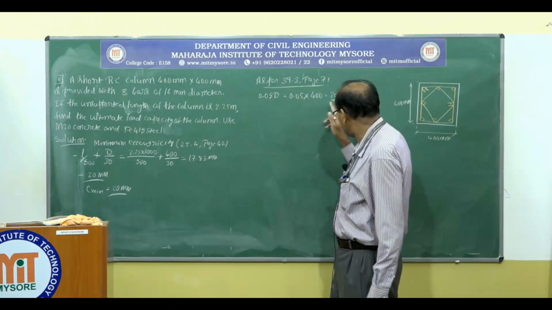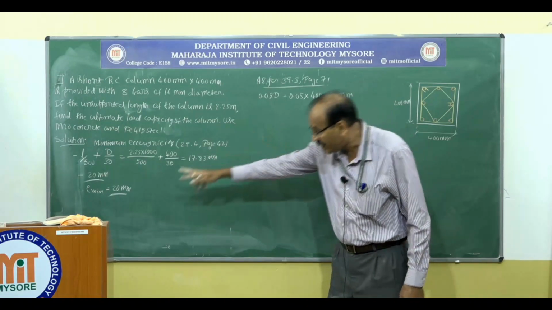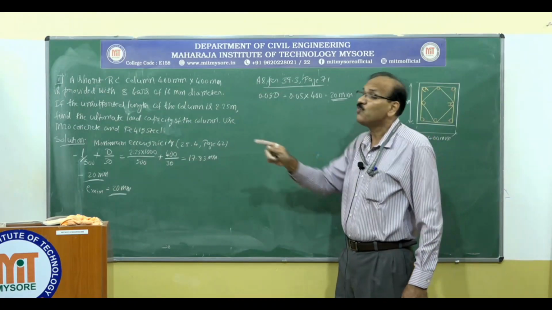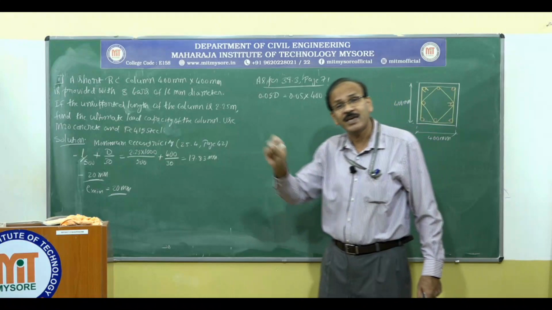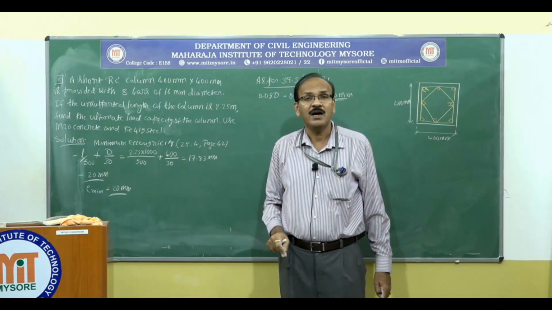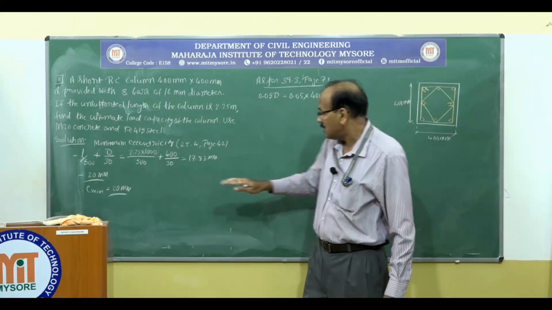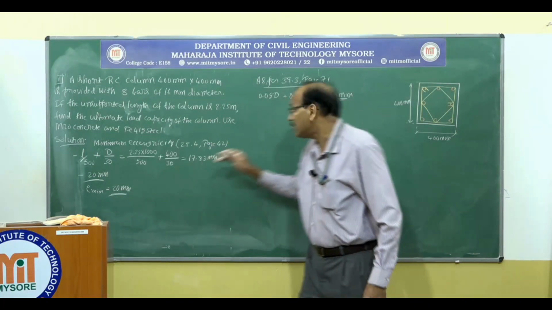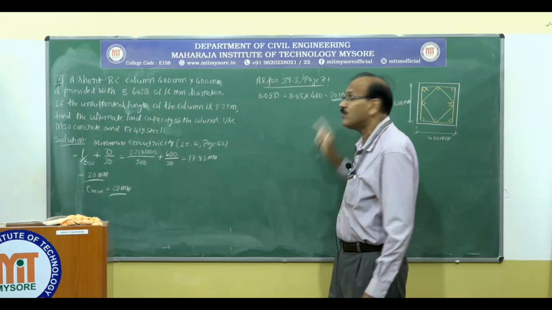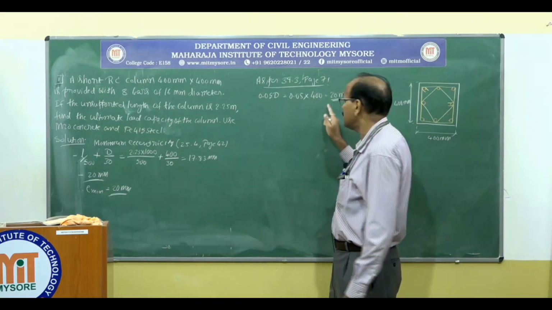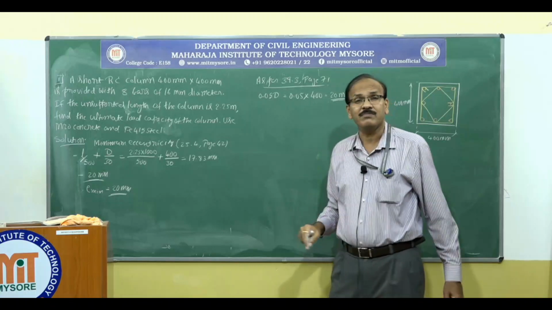So here it is 20 mm, and when 22 millimeter exceeds this 20 mm, then we cannot make use of the formula given in 39.3 on page 71. In this case, this value should be less than or at most equal to 20 mm. Of course, in this case E minimum is equal to 20 mm.